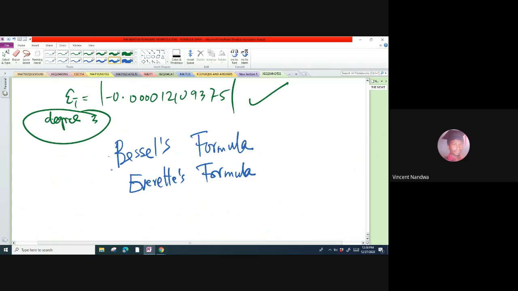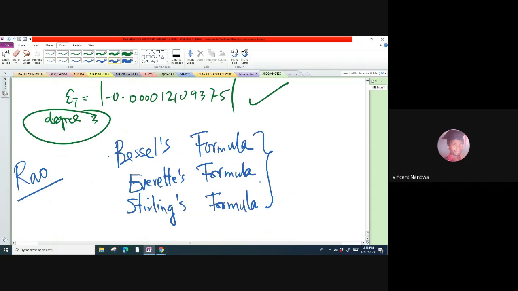And then we have another method called Stirling's formula. So this is an assignment. Go to the reference book that we have, that is already available in the SOMAS, and read about Bessel's, Everett's, and Stirling's formulas, and then do some examples on the same.